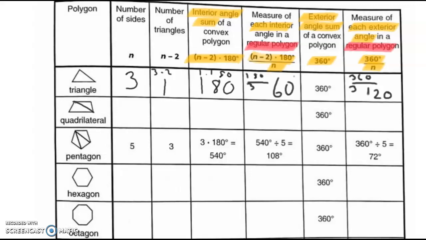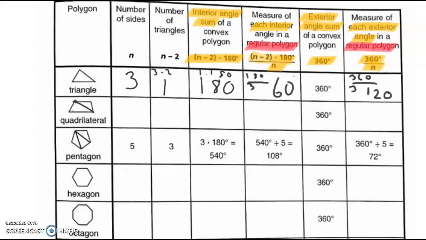So I can't draw a line from this point to this point. They're adjacent. I can't draw a line from this point to this point. They're adjacent. They make a side. So it has to be connecting 2 points that are not adjacent to one another.